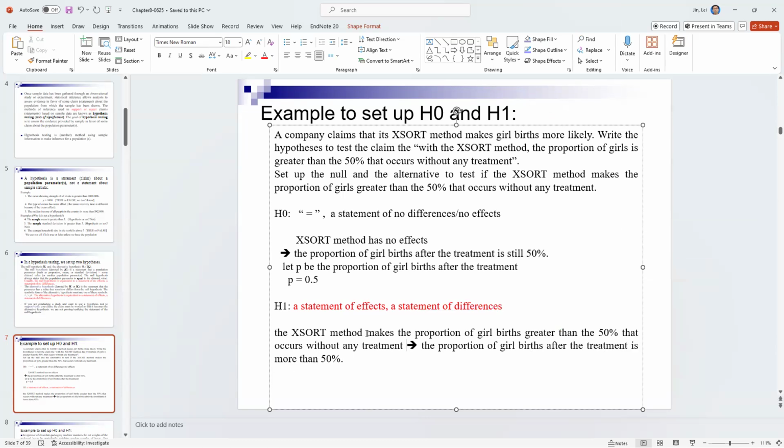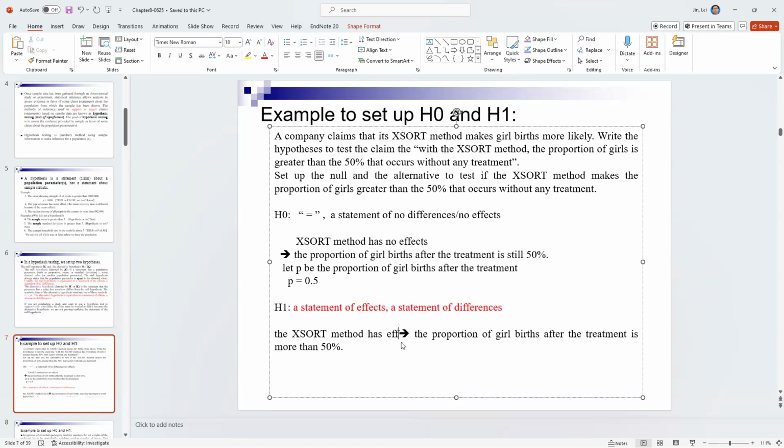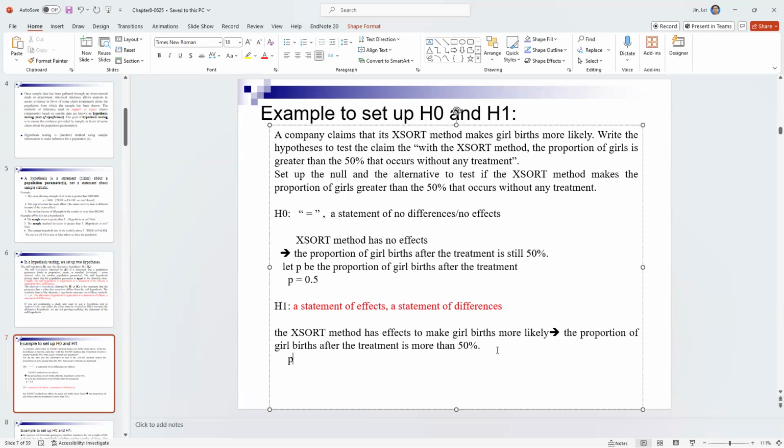The XOR method has effects to make girl birth more likely. Is that right? So this is a statement of effect. This is a statement of difference, more than some kind of difference. In terms of mathematical expression, P is greater than 0.5.